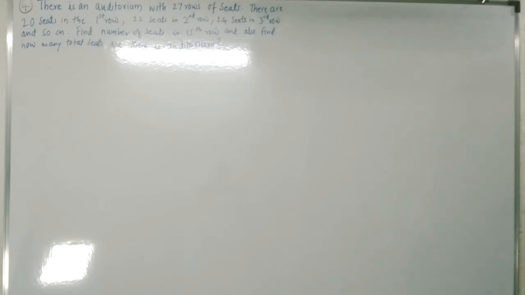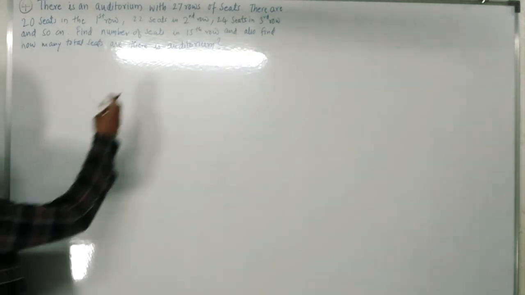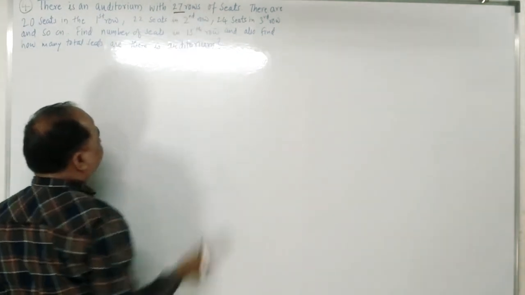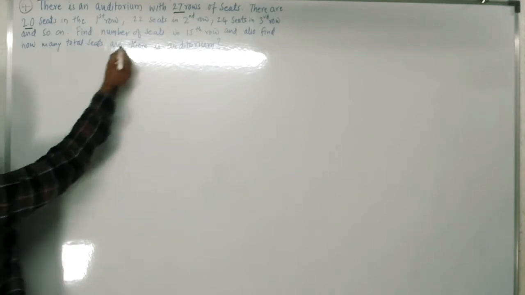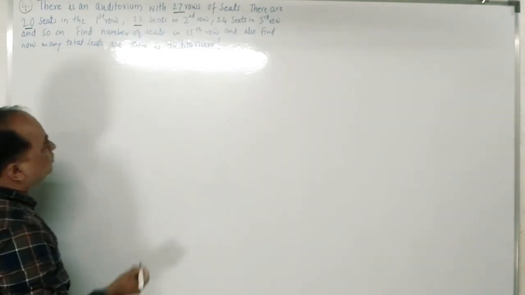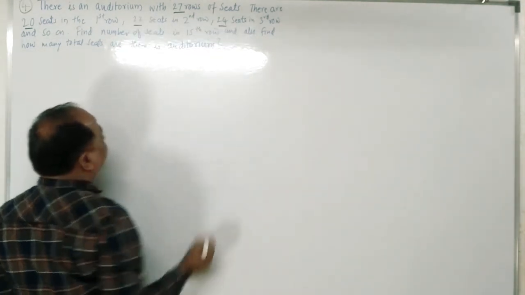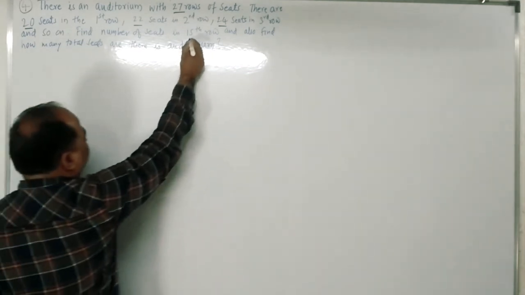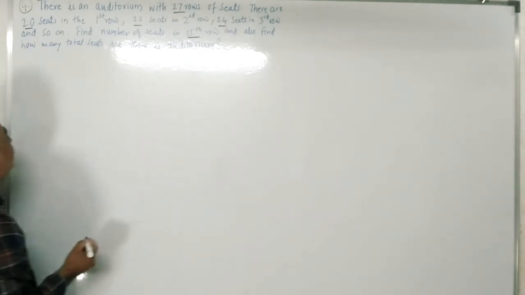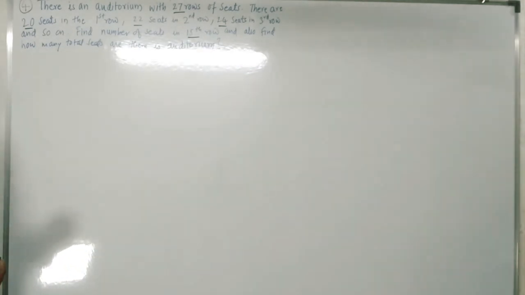Example: there is an auditorium with 27 rows of seats. There are 20 seats in first row, 22 seats in second row, 24 seats in third row, and so on. Find the number of seats in 15th row and also find total seats which are there in the auditorium.